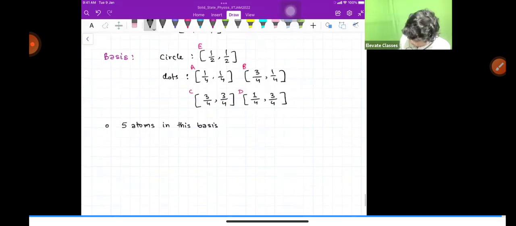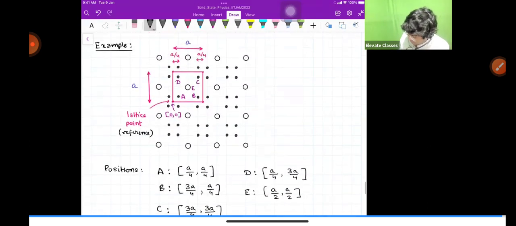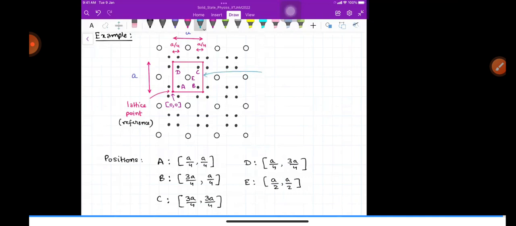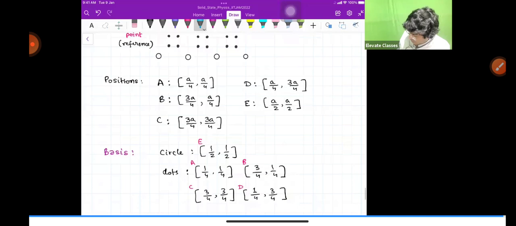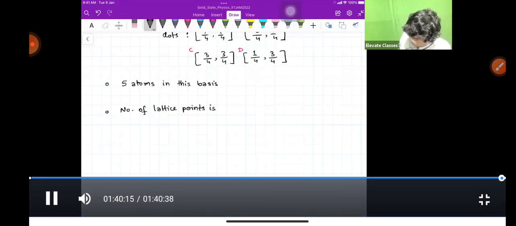And what is the number of lattice points in this unit cell? If you take this as a unit cell, this thing. So 1. Yes. So this is a primitive unit cell. All right. So number of lattice points is 1.